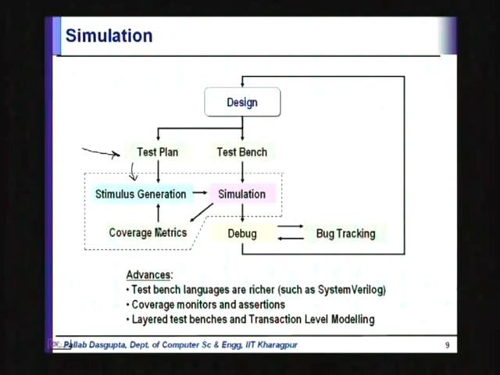The other important thing here, which is also a relatively new thing which has come up, is coverage metrics. Now, coverage metrics in the classical sense had been around for many years. What does it do? It checks whether every line of the Verilog code has been covered. It can check whether every transition has been covered.